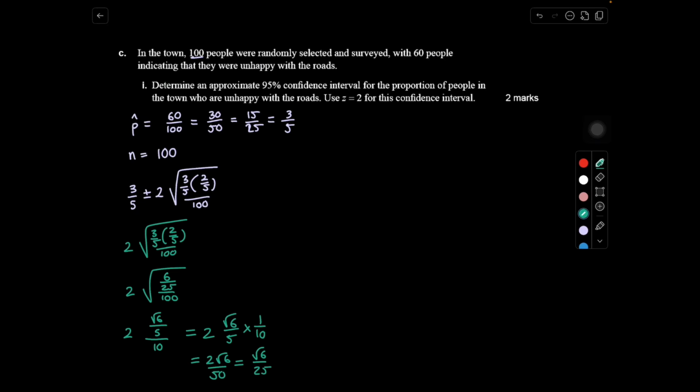So now that we've done that, our answer should just be 3 over 5 minus root 6 over 25, and then 3 over 5 plus root 6 over 25. And now we can just combine these by multiplying the top and bottom here by 5.